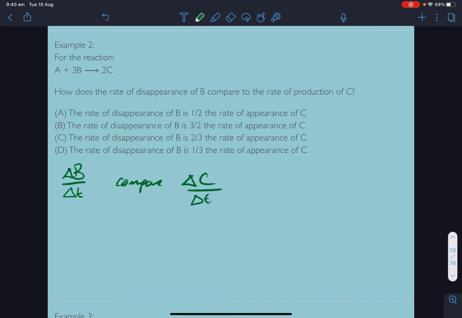Okay, so you can see that for every 3 B's that are lost, you're producing 2 C's. So the rate of disappearance of B is 3/2 the rate of appearance of C. There we go. All right, so it's B for this one.